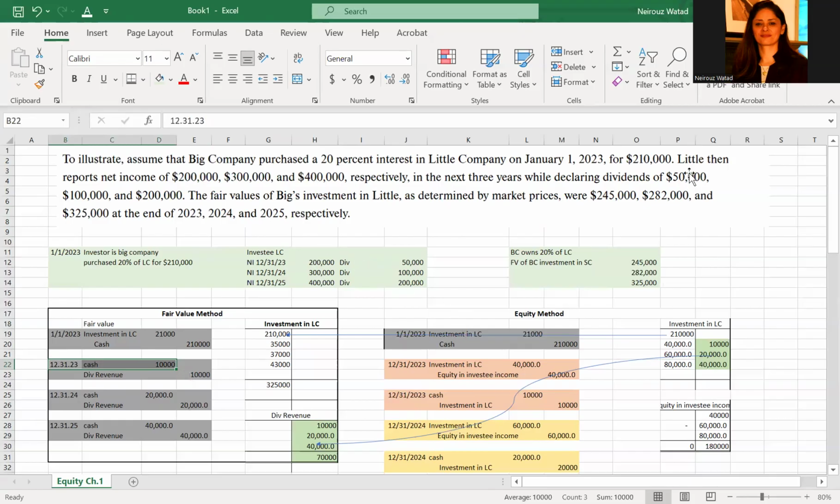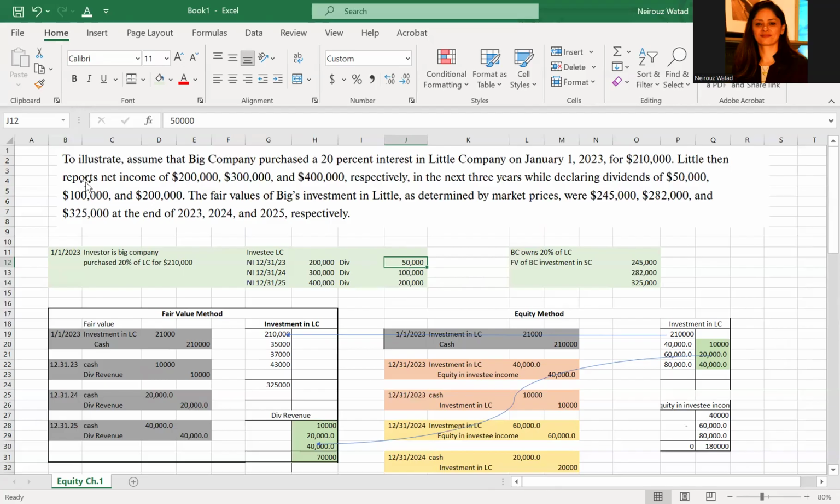let's read again the dividends just to make sure that this is the question here. Is this the investor's share of the dividend, or is this the investee's dividends declared? So is this 100% of the dividend, or is this 20% of the dividend?